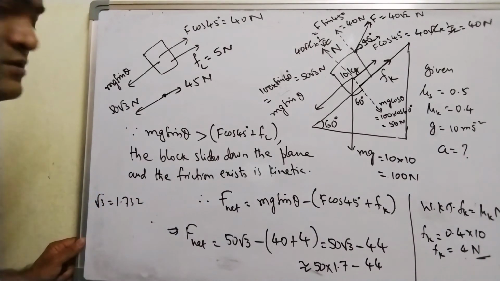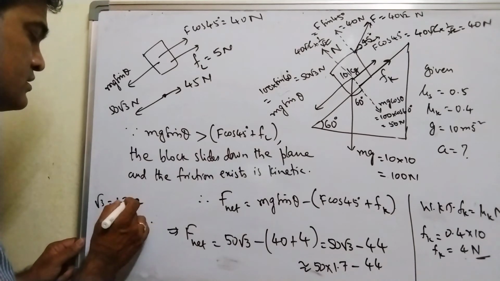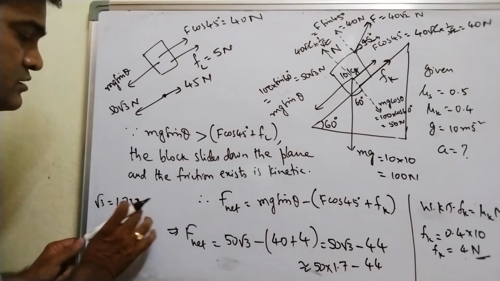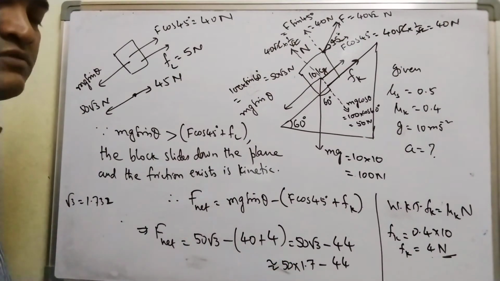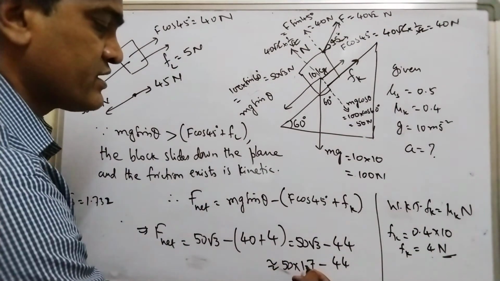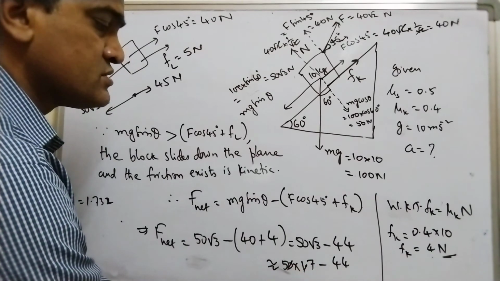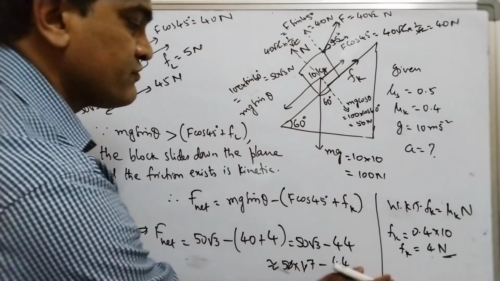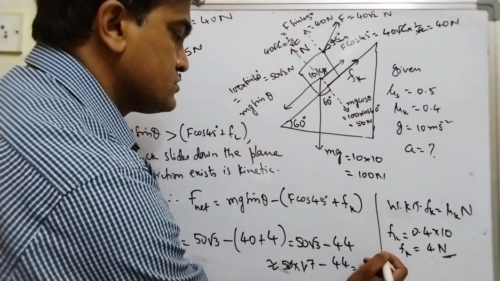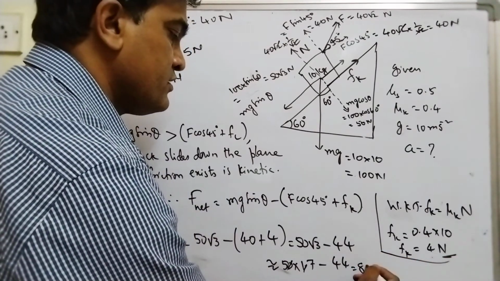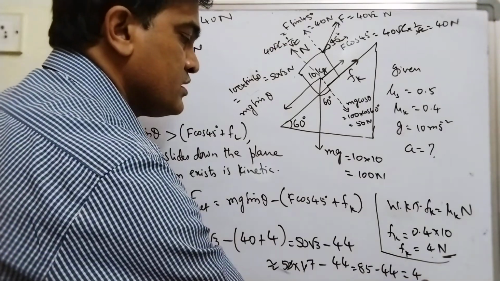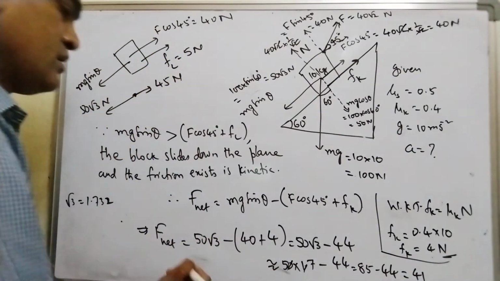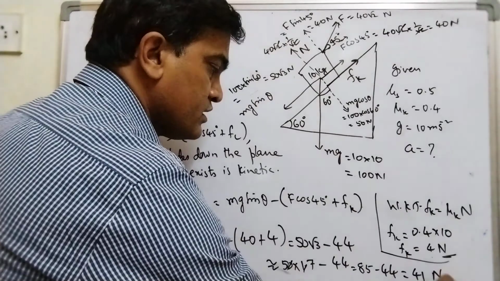Anyways, it is irrational, it goes on, but I am taking 3 digits after the decimal. Here I am considering the root 3 value as 1.7, doing rough calculations. So 50 into 1.7 minus 44. The decimal and 0 get cancelled. 17 times 5 is 85. So 85 minus 44 comes out to be 41. I have found the force: 41 Newton.